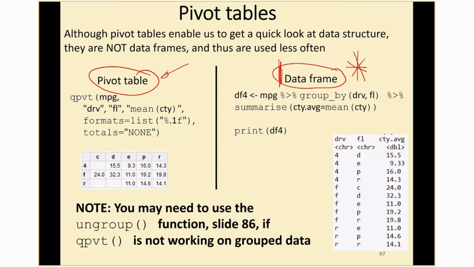And so you can see here the different codes that can give fairly similar results depending on whether you want a pivot table or a data frame. Just a note here, as I mentioned earlier, that if you've got group data, this pivot table with qpivot may not work very well, so you may need to use the ungroup function.